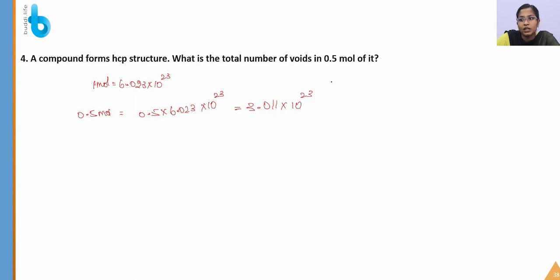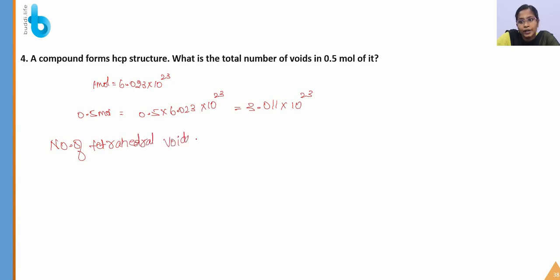So the number of particles in 0.5 mole is 3.011 into 10 power 23. So the number of particles we know now. How to calculate the number of voids? First we have to find out the number of tetrahedral voids.